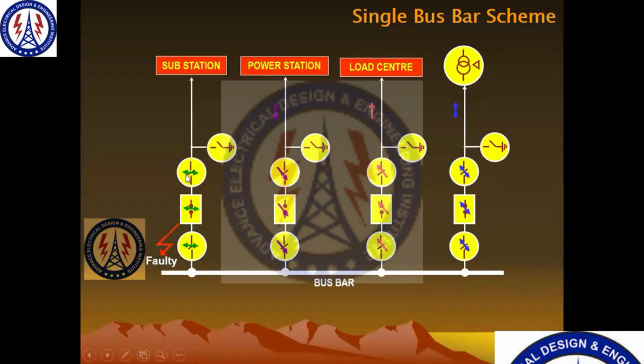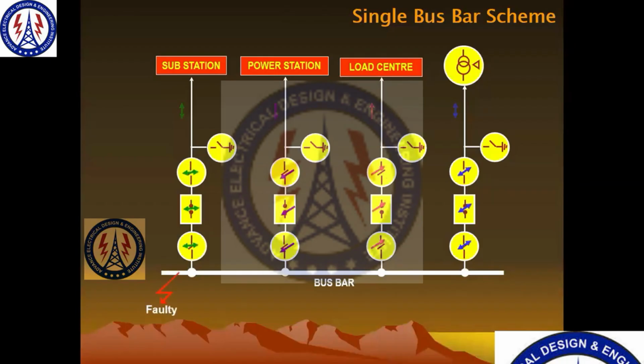So three feeders are in healthy condition, and one feeder in unhealthy condition stops working when the fault occurs on this line or we have taken any equipment into maintenance. Once you clear the fault, this feeder will again work in a healthy condition, correct? So this is one condition.